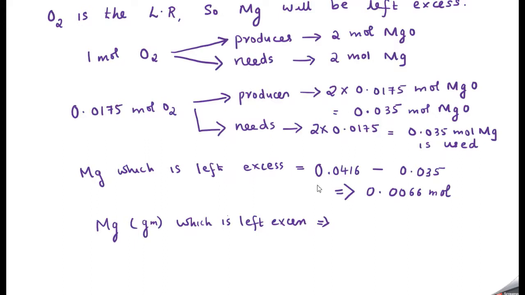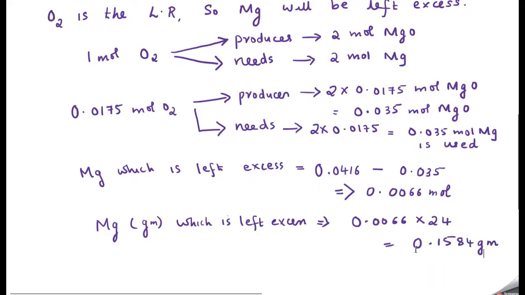So magnesium in grams is equal to number of moles multiplied by atomic mass. That is 0.0066 into the atomic mass of magnesium, 24. If you multiply this with 24, I will get 0.1584 gram.